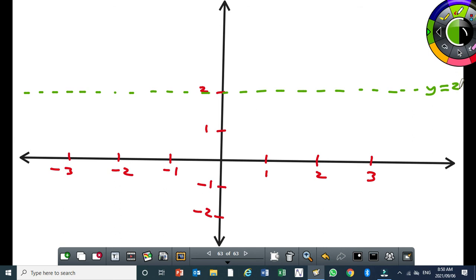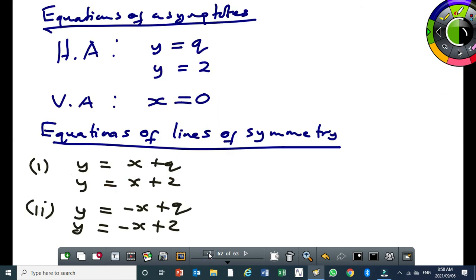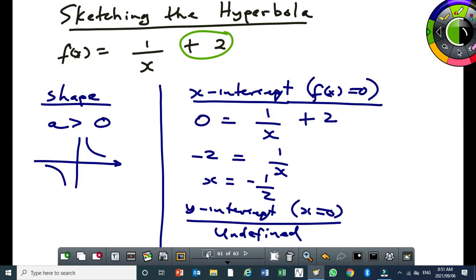Okay, remember, the vertical asymptote is our y-axis, so we don't worry about that. Then the next thing, identify your x and y intercepts. But in this case now, we only have an x-intercept at -1/2, which will be somewhere there. Okay? Now be aware that the shape looks like this.